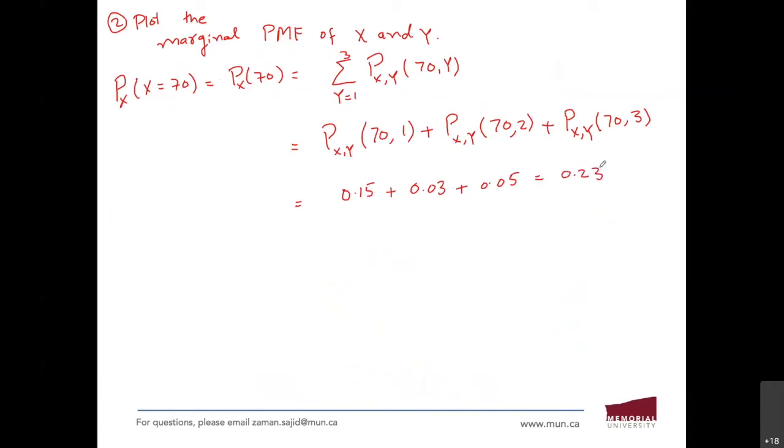Now, in a similar way, we will find out the marginal probability for x is equal to 80, which means p of x at 80 is equal to the joint probability of x and y when x is equal to 80 and the y value will be from 1 to 3.